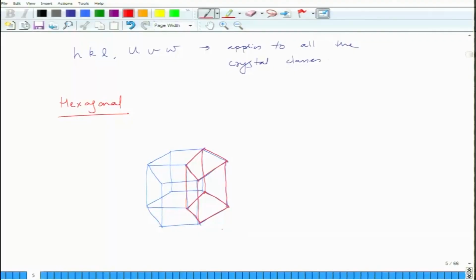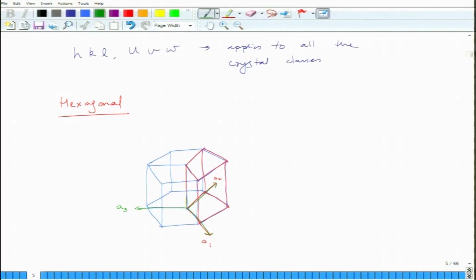However, what we can do here is the following. If I take this as an axis A1 and this as an axis A2, then there is a third axis in this direction, which is called A3.